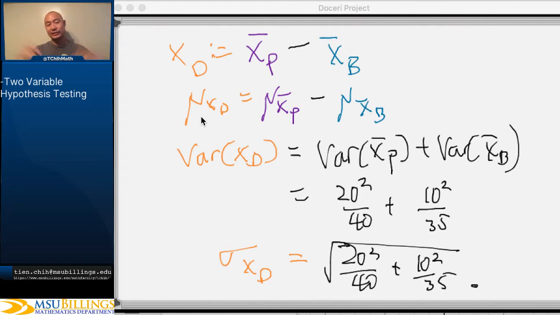So we have this new random variable, which is just take these two samples and subtract their means. Both of the samples can have different means when I sample them. So they're both random variables, their difference is a random variable, and here are some of its parameters. Its mean is who knows, its standard deviation is going to be that expression.